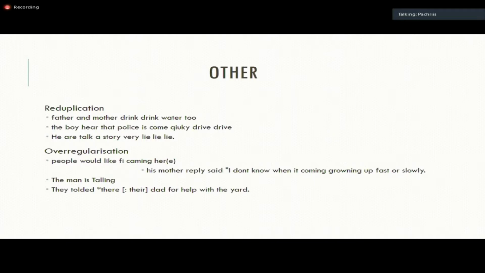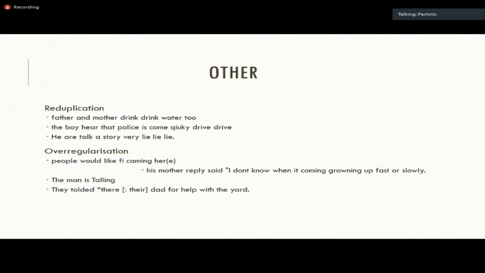These examples, in the case of reduplication, I felt looked at influence from sign language, but the reduplication here is what is called non-compound reduplication, where in the case of "he, art, talk, a story, very lie," the child was really just adding intensity, to say the extremity of the event.